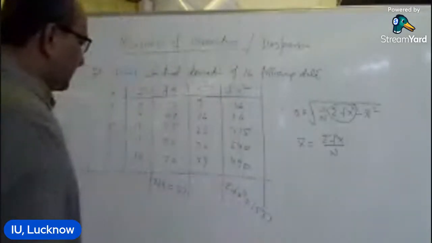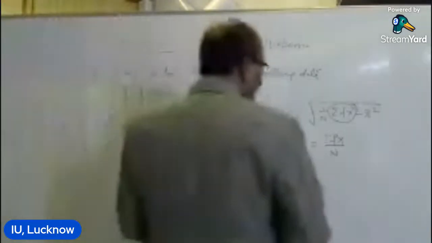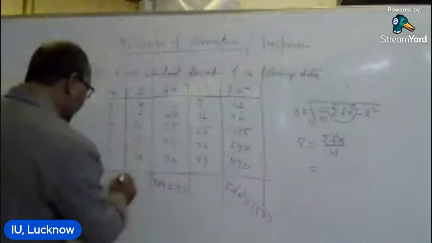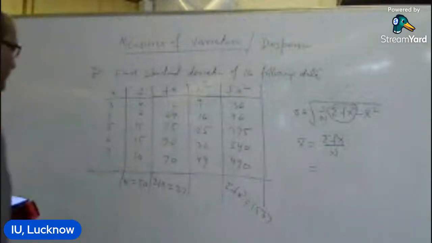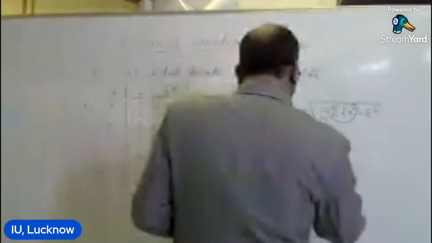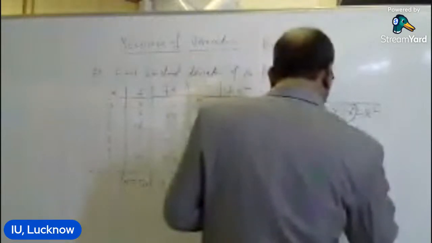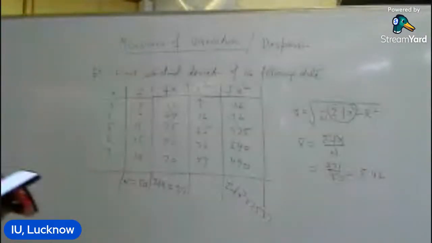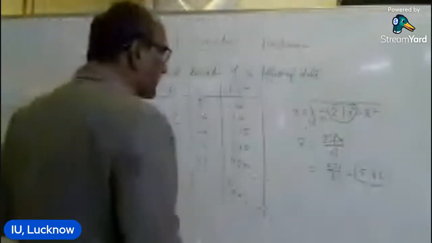Now find first the mean, and mean will be summation fx divided by N, where capital N is nothing but the sum of the frequency, and that is 50. So summation fx is 271 divided by 50. So mean will be 5.42. And once you get the arithmetic mean, now find the standard deviation.